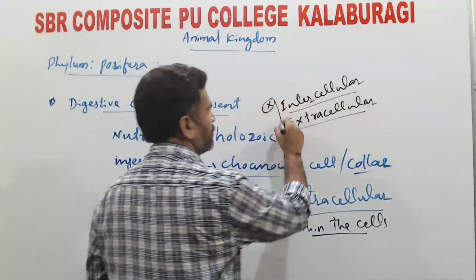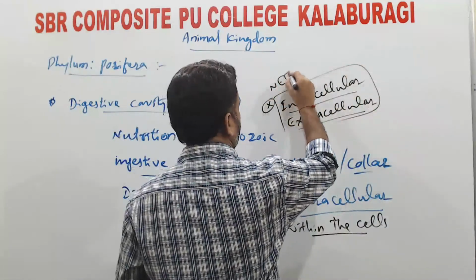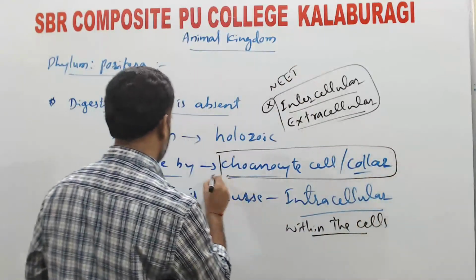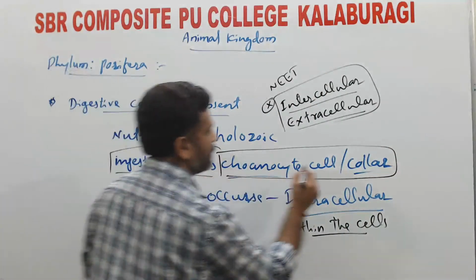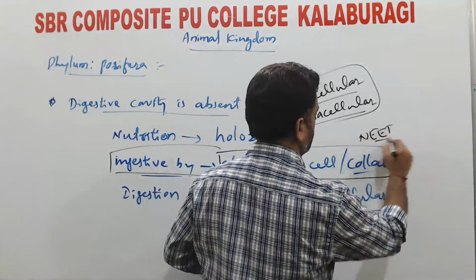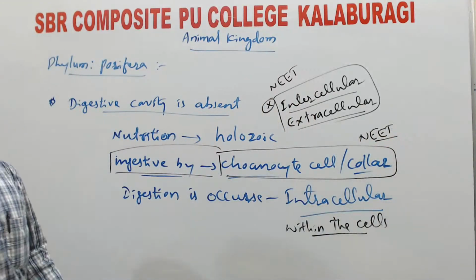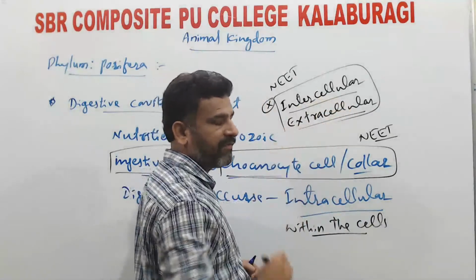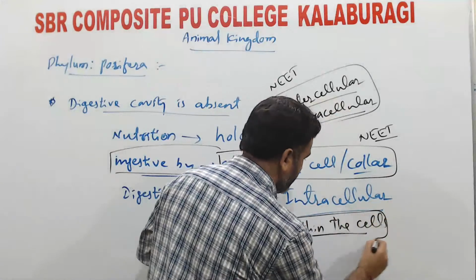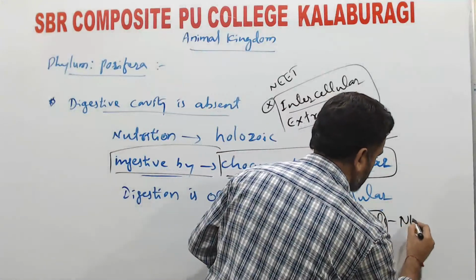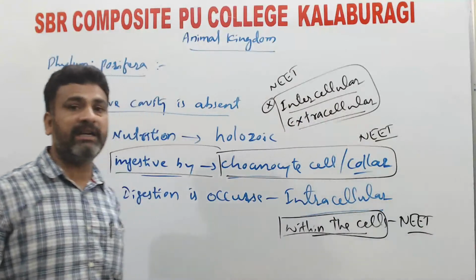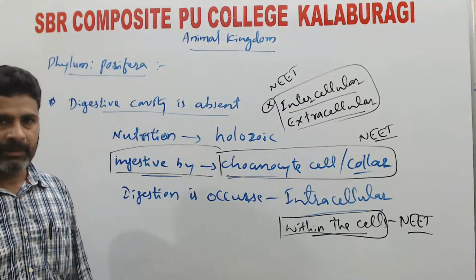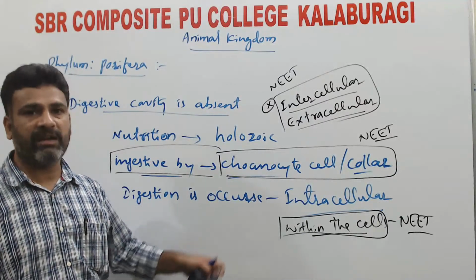Extracellular digestion is absent in poriferans, but intracellular digestion is present. Intra means within. Within the cell, the digestion of nutrients occurs. So that is the characteristic feature of the poriferans.